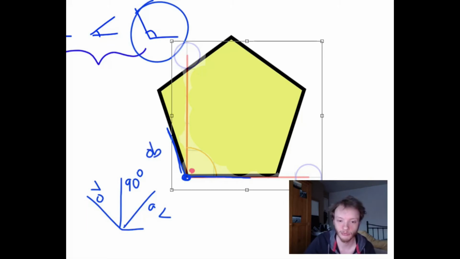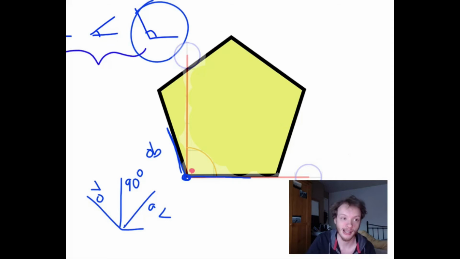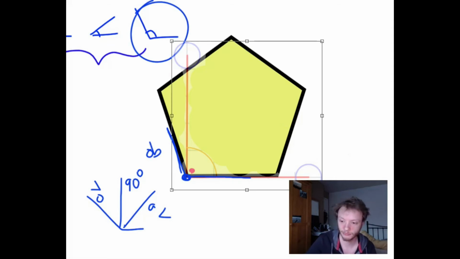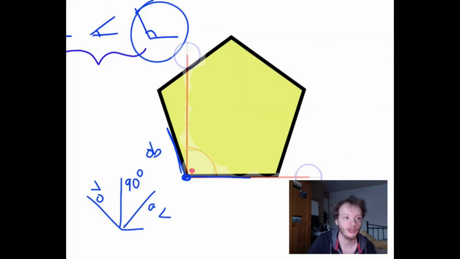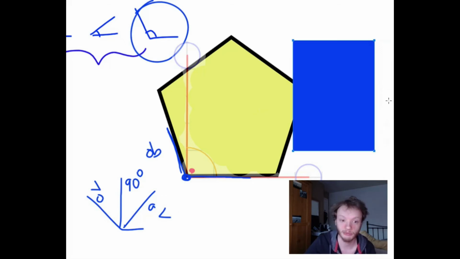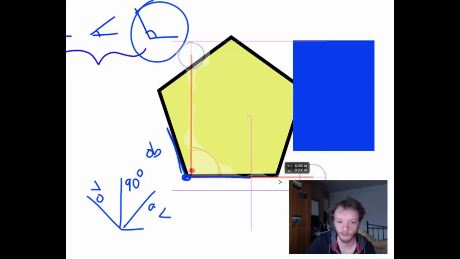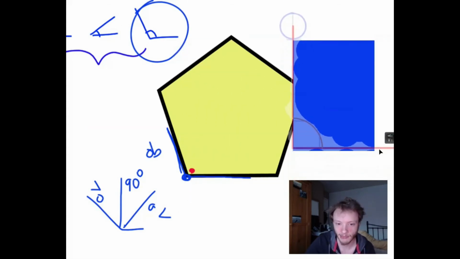Nice and straightforward. Let's quickly draw another. If I had a rectangle here, in blue, and I were to take my angle finder, again I do the same thing.